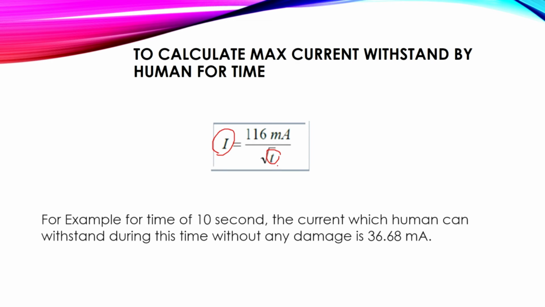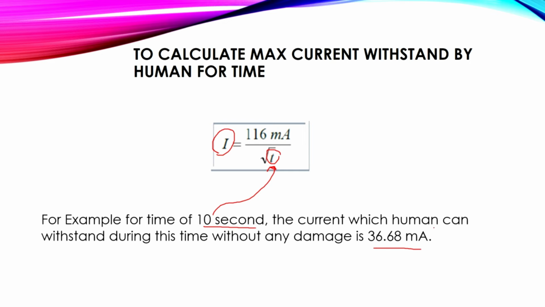So for example, if we have a time of 10 seconds and would like to find the amount of current that the human can withstand in 10 seconds, we substitute 10 here. So 116 over root 10 will give us the amount of current that the human can withstand during 10 seconds without any damage, which is 36.68 milliampere.